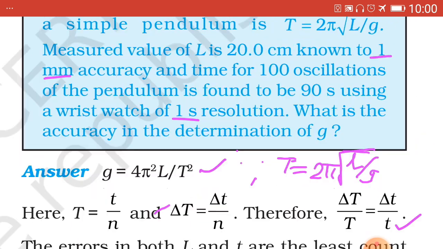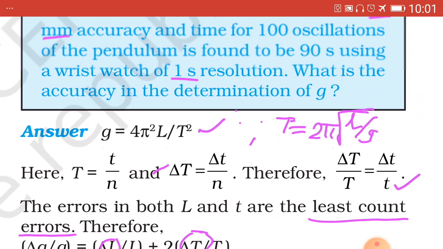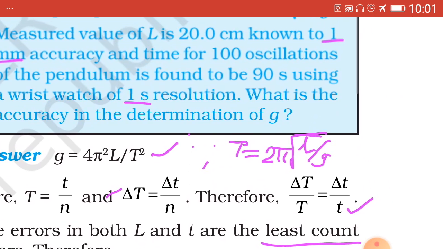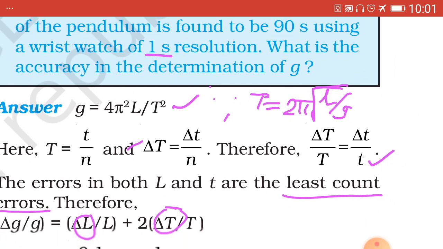So delta t value equal to 1, upon capital T, which has been substituted as 90, because in the data it is written that it is found to be 90 seconds using a wristwatch.